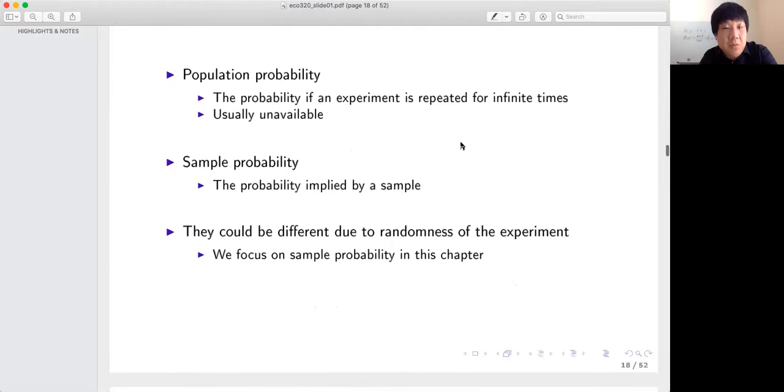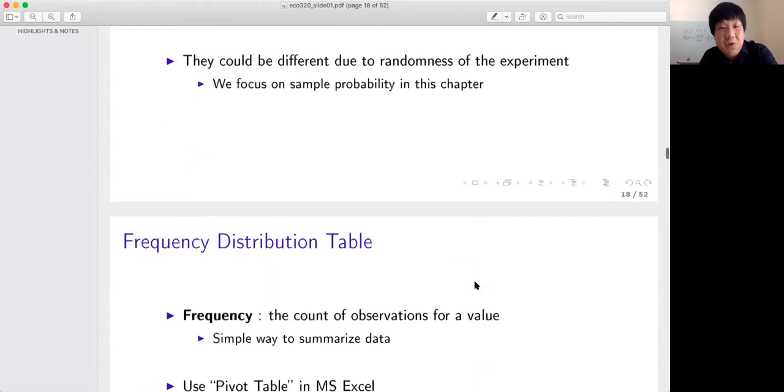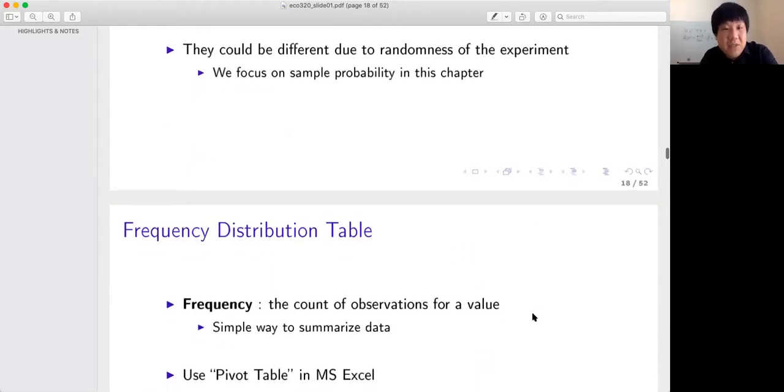I'll discuss this more in chapter 3, but you definitely need to keep it in mind. Samples could differ because of randomness. As I said, if you flip only 5 times, you have a chance to get all 5 heads or 5 tails, so the randomness comes from the experiment.